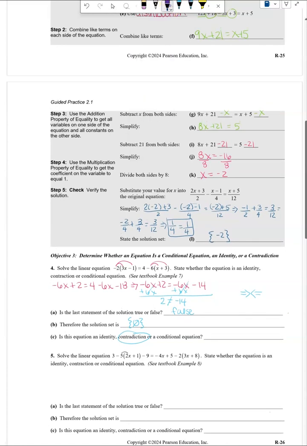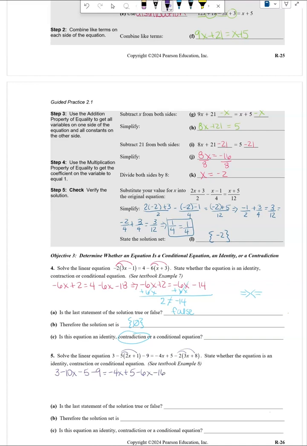On this one, we'll distribute the negative 5 and the negative 2, okay? So this is going to be 3 minus 10x minus 5 minus 9 equals negative 4x plus 5 minus 6x minus 16.